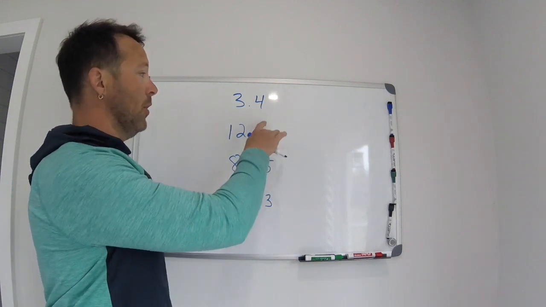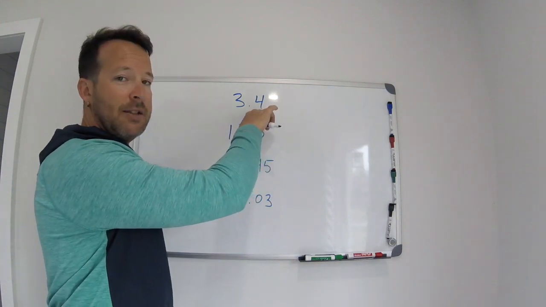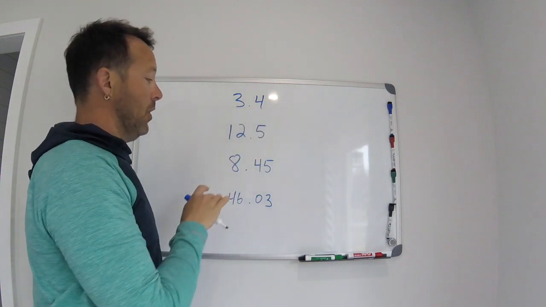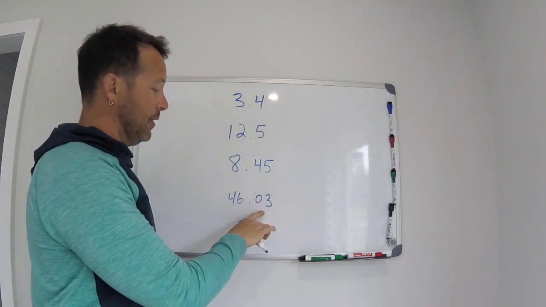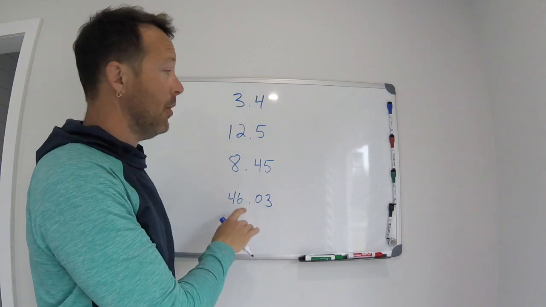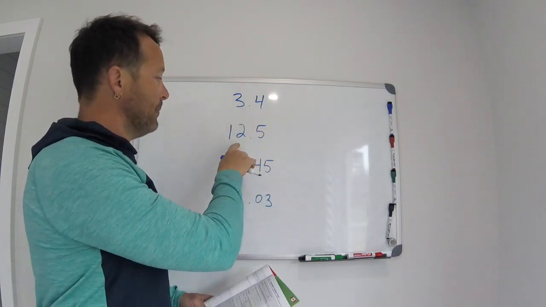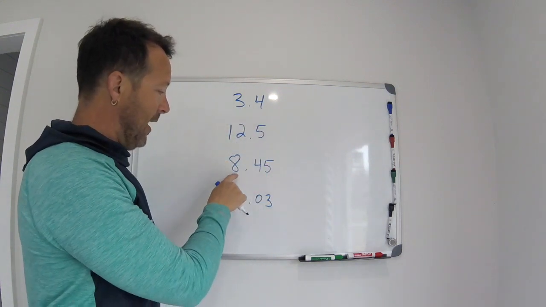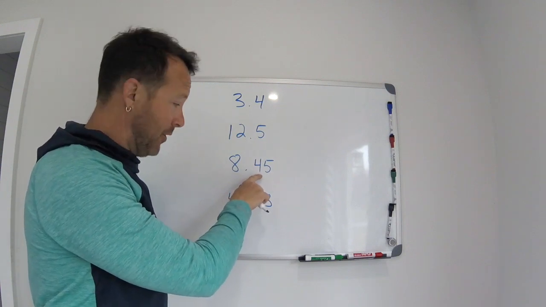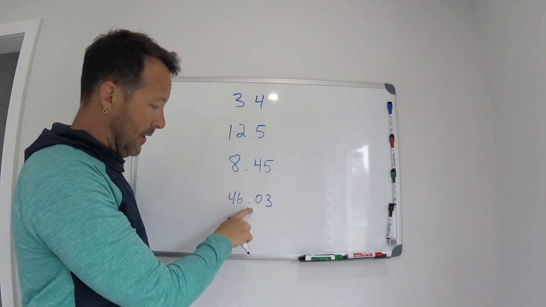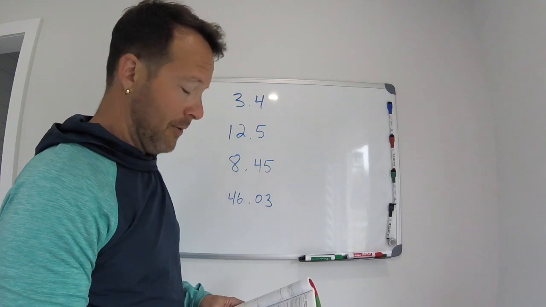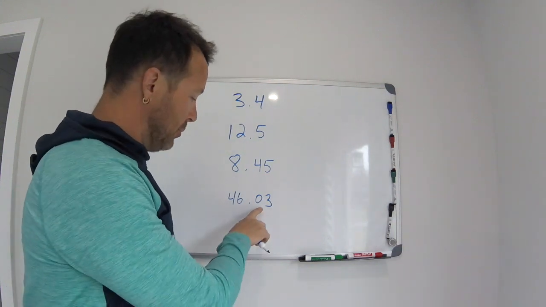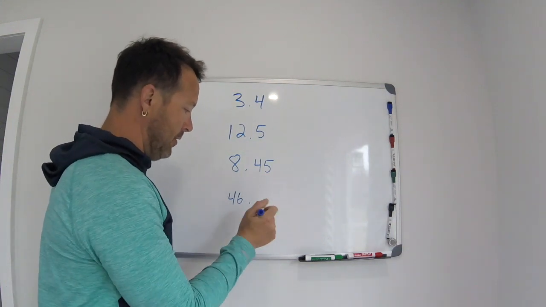If it's over 10, it has a single digit. And if it's over 100, it has two digits. Watch that last one, it gets tricky, remember. So 3 and 4/10, 12 and 5/10, 8 and 45/100ths. Now this one is 46 and 3/100ths. Make sure that you don't just put this as your answer.